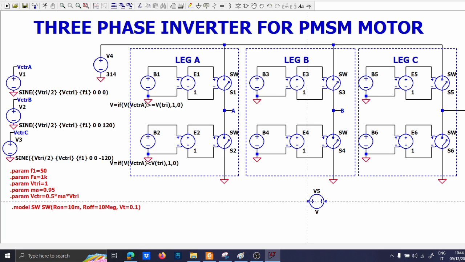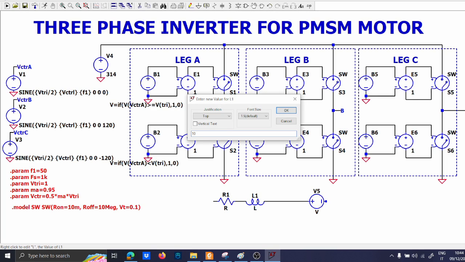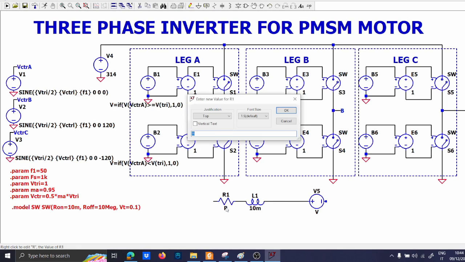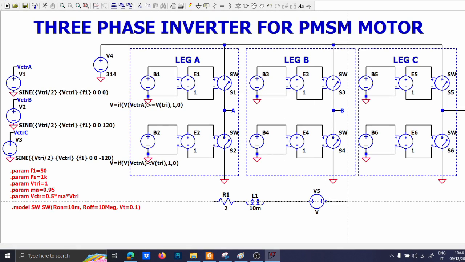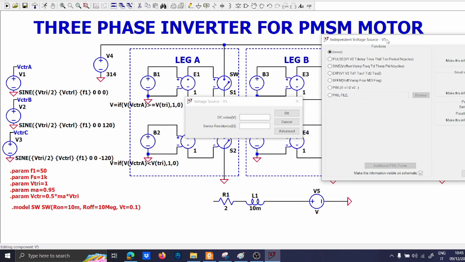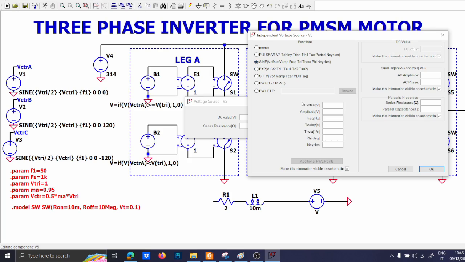So let's put the motor. The first back EMF, the resistor, and inductance. A value of the inductance can be even 10 millihenry because we are simulating a very big motor, and a resistor of 2. Then, since we will attach this to the A voltage, we will have a DC offset of 0 and an amplitude of, I don't know, 75 volts, and a frequency of the fundamental frequency F1.